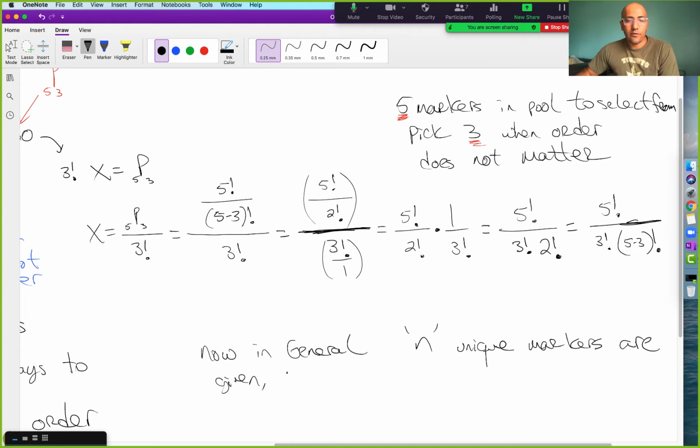How many ways are there to pick R markers when order doesn't matter?